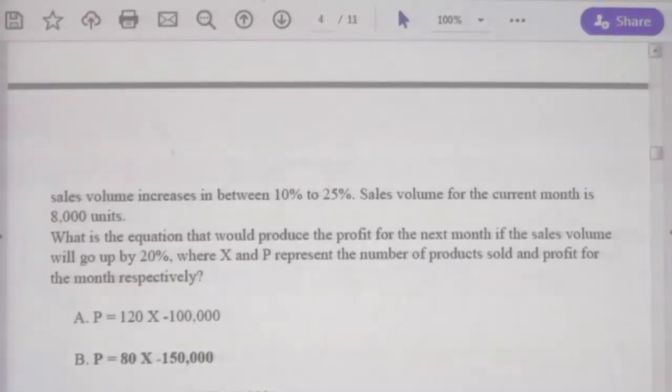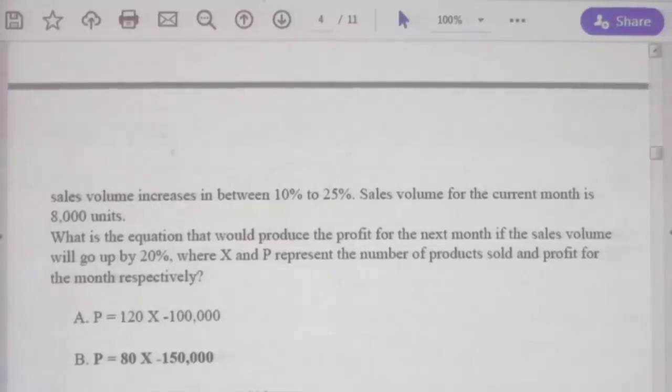Sales volume for the current month is 8,000. What is the equation that would produce profit for the next month if the sales volume increases by 20%, where X and P represent the number of products sold and profit for the month.